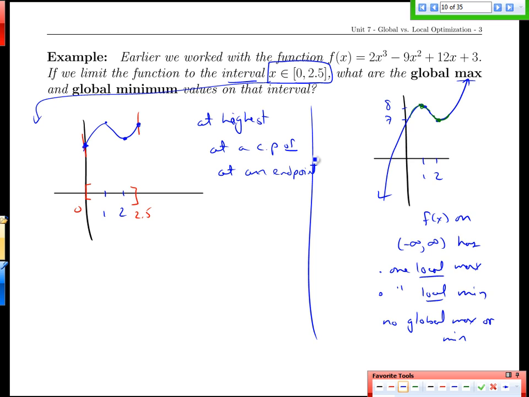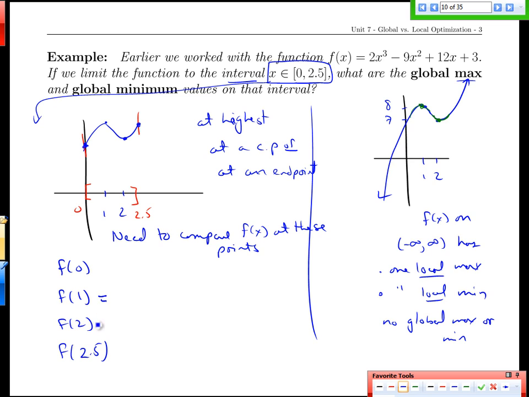And how do we know? Well, here the first and second derivative tests aren't much help because we're trying to compare alternate points. So the only thing that really will tell us is the actual function value. So we need to compare the actual y values, or in this case f of x values, at these points.